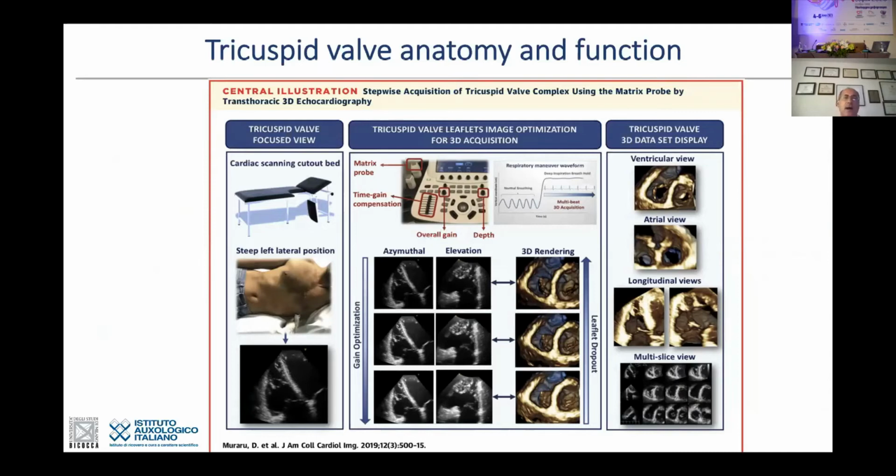First of all, to have a good 3D data set of the right heart, not only of the tricuspid valve, but for example also the right ventricle, it is essential to have the dedicated echo bed with the lateral cutout that allows you to position the patient in a steep left lateral position, almost perpendicular to the surface of the bed, and to position the probe more laterally than the position that you have in the conventional 4-chamber view.